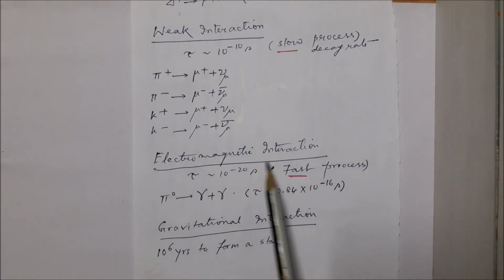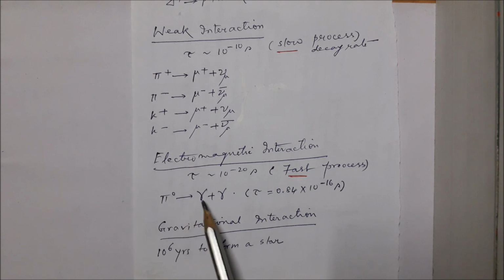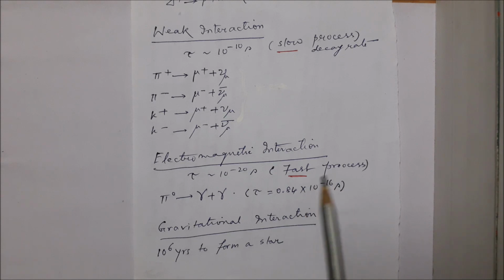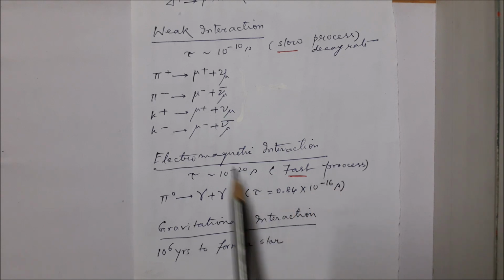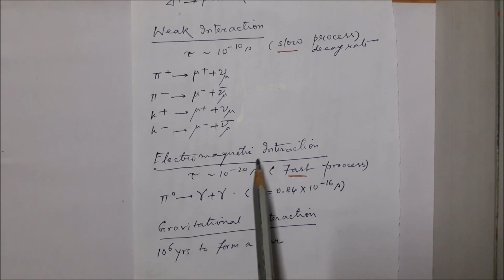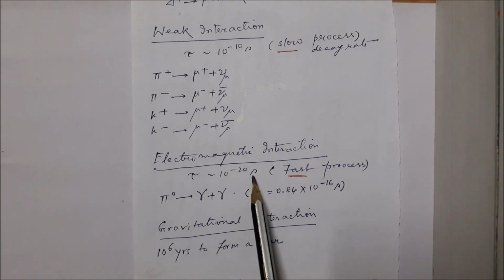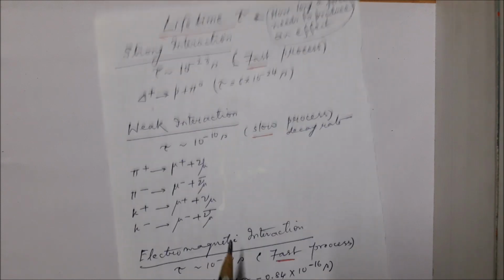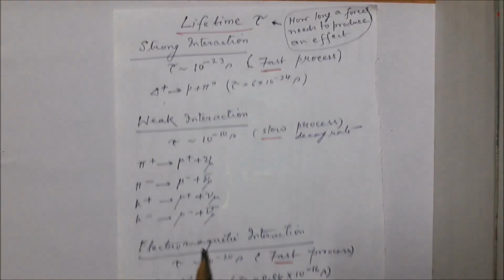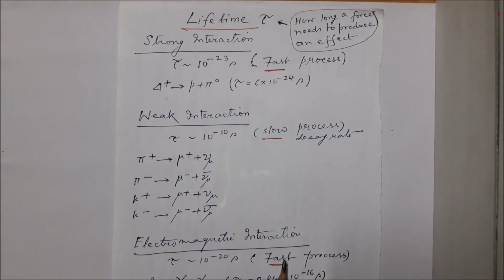Electromagnetic interaction, such as pi0 decaying to 2 photons, 2 gammas, occurs in a time of 10 to the power minus 16 seconds. Electromagnetic interactions have a typical lifetime of 10 to the power minus 20 seconds, meaning that electromagnetic interactions, like strong interaction, are fast processes.